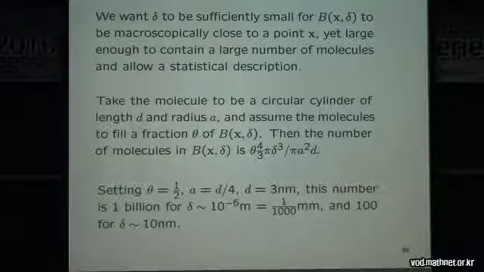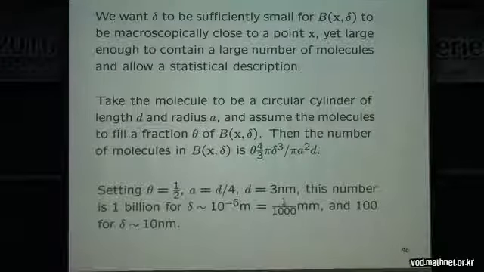If you set theta as a half, so the molecules more or less fill half the space, say a is d over 4, so it's a fairly thin cylinder, and d is about 3 nanometers, that's more or less what it is, then that number is 1 billion for delta being 1,000th of a millimeter. So lots and lots, large numbers, right?